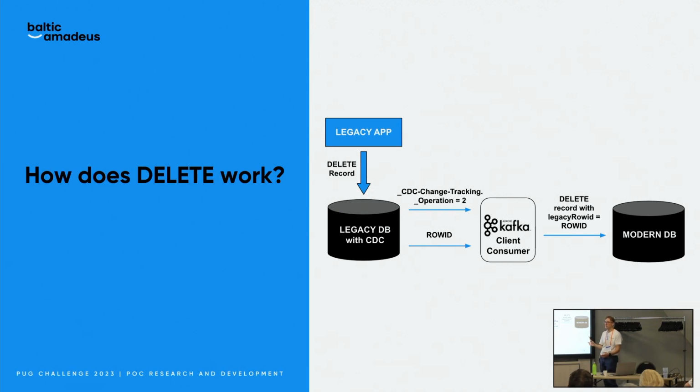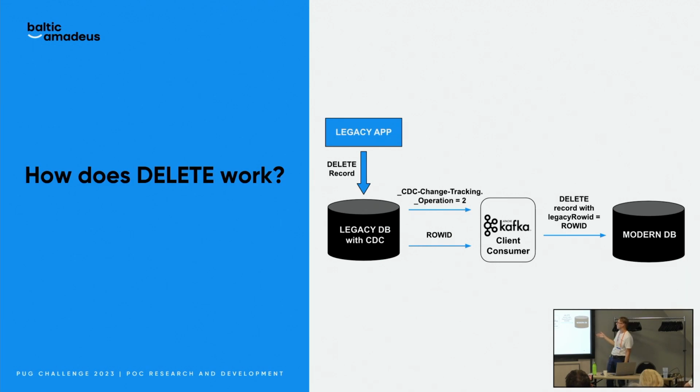We can see that this record does not exist, and we cannot get the particular row ID only from the CDC table, and we cannot make the deletion on the other side. So we cannot get it from the applications table to send it over to the modernized DB, and it would happen that the legacy DB has the record deleted, but the modernized DB still has it, because we do not know which record to delete.